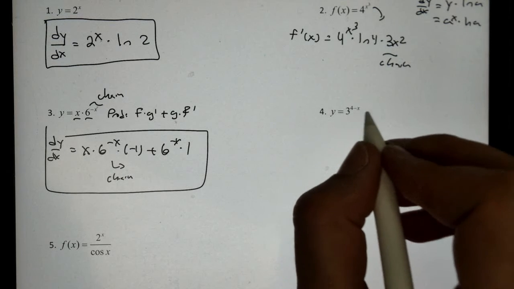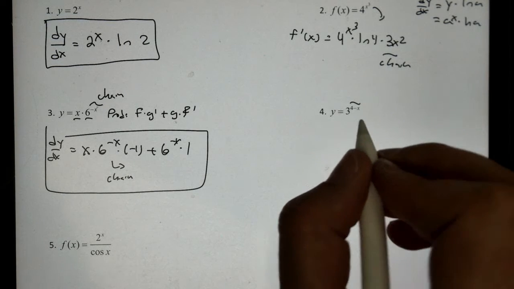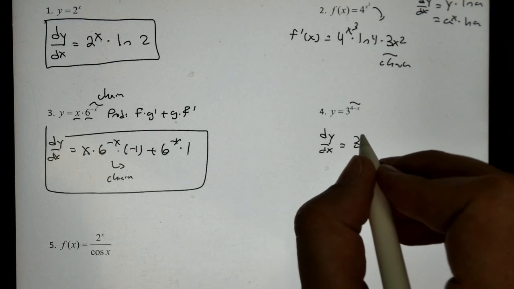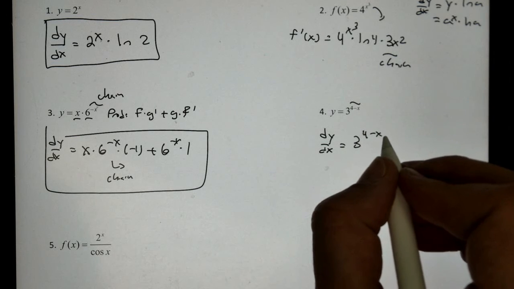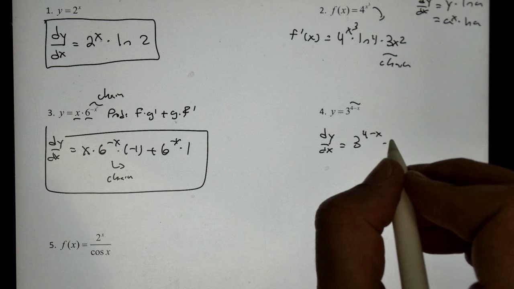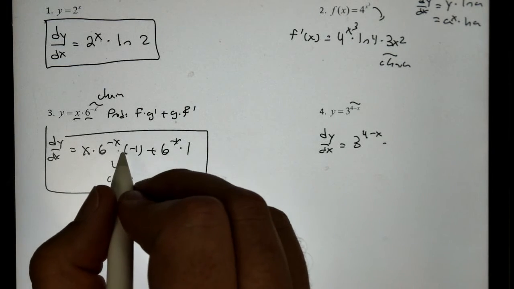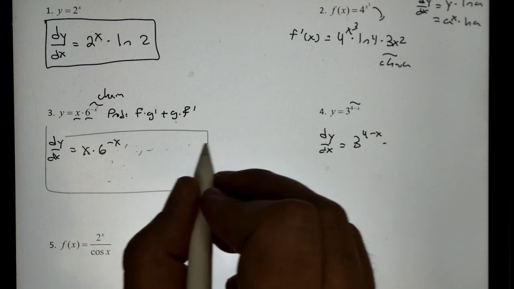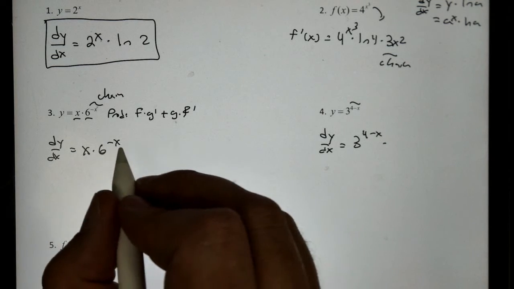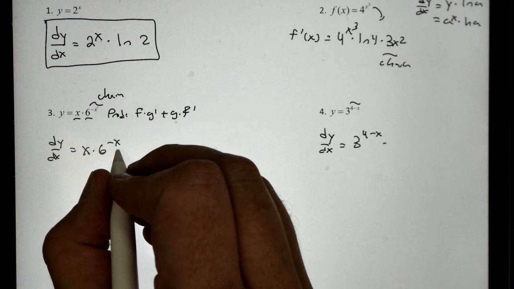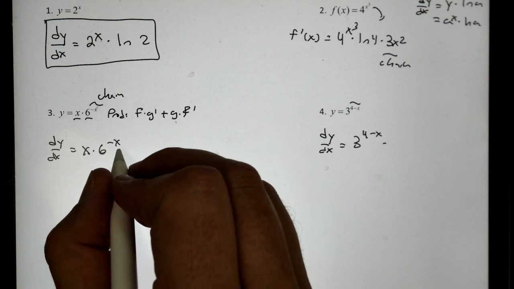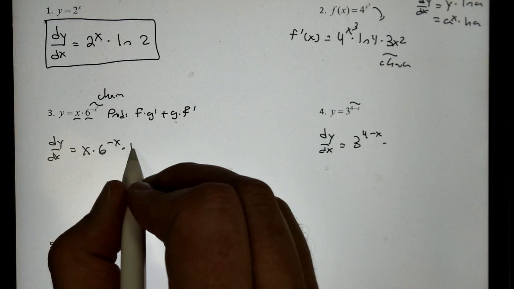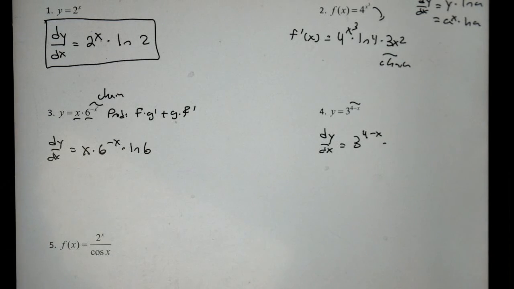Number 4 here, this is just a chain rule. When we take the derivative, I'll use dy dx, why not? We're going to get 3 to the 4 minus x times, oh no, I messed up here. What did I forget here? I've got to go back and fix this. When we take the derivative of the second, see, I just remembered over here, I forgot to multiply that by the natural log of 6.